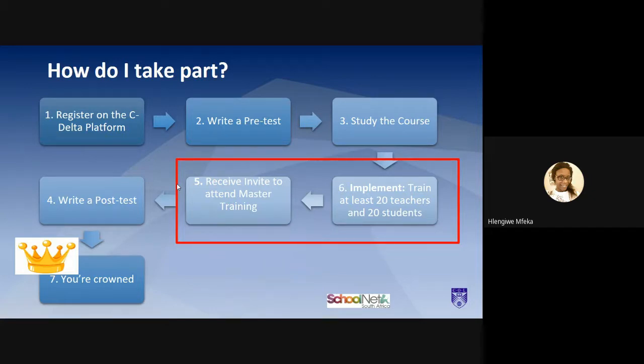So even if you don't intend to study the course or complete the course, you register so that you gain access to the wealth of information and also exchange of ideas and resources. So that is your step number one.